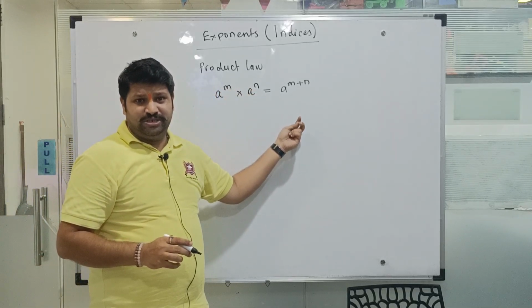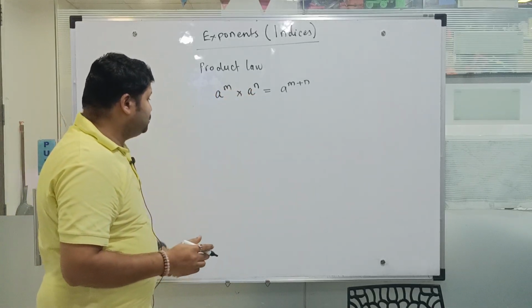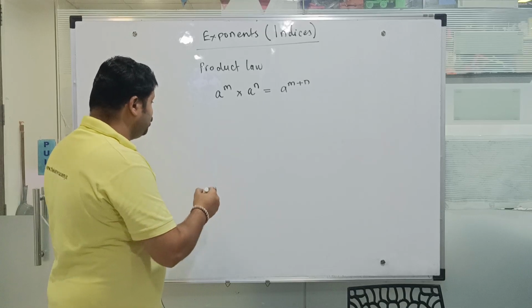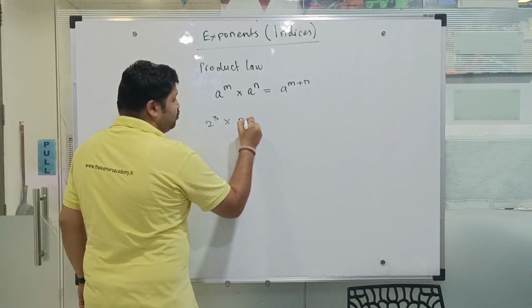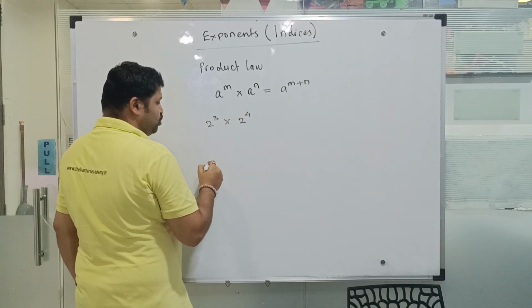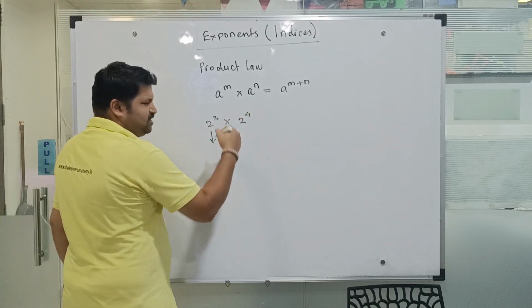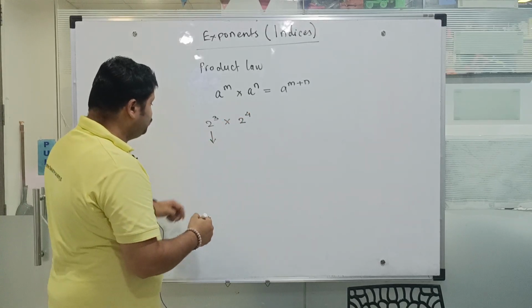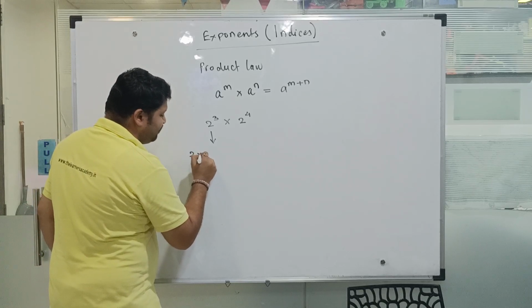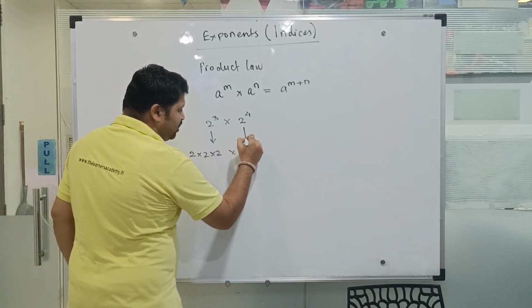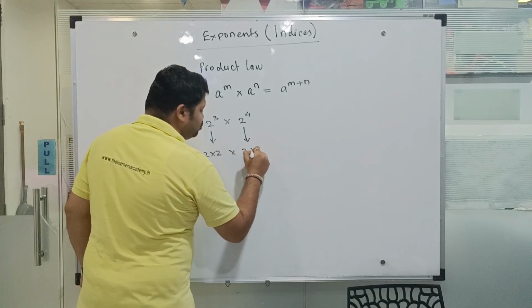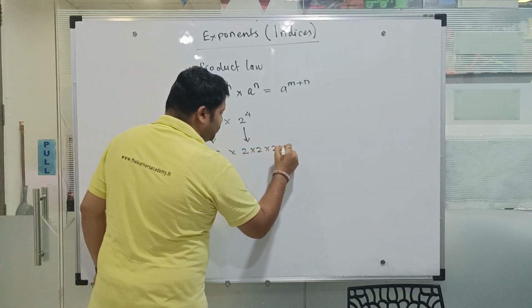Does that make sense? Let's take a simple example, say 2 to the power of 3 multiplied by 2 to the power of 4. Let's break it down to the simplest form. 2 to the power of 3 would be 2 multiplied by 2 multiplied by 2, and 2 to the power of 4 would be 2 multiplied by 2 multiplied by 2 multiplied by 2.